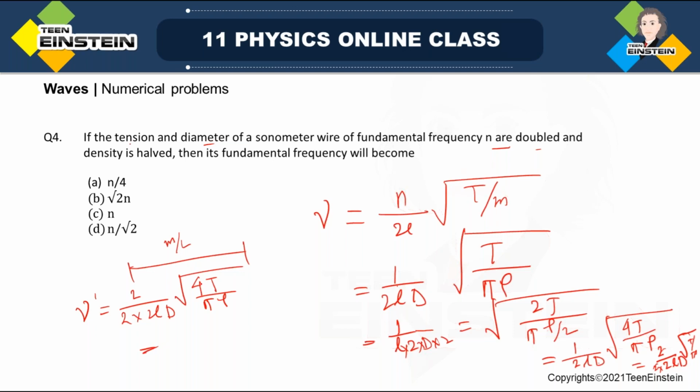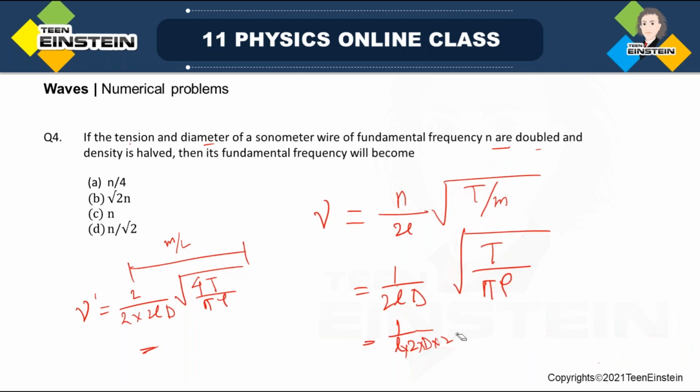If you take 4 out of it, this is the fundamental frequency of a wave in a straight string.